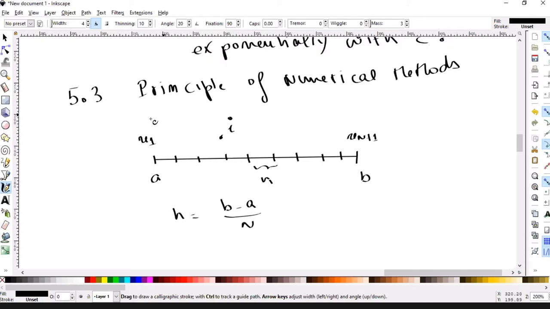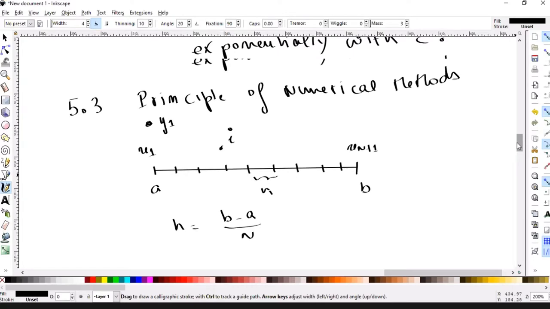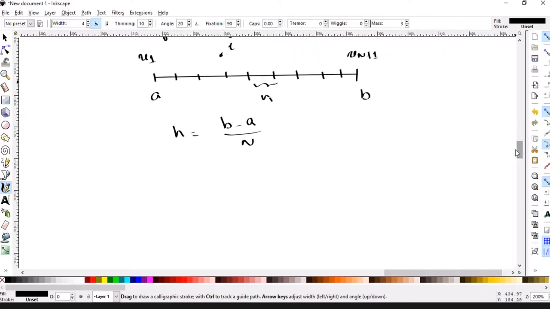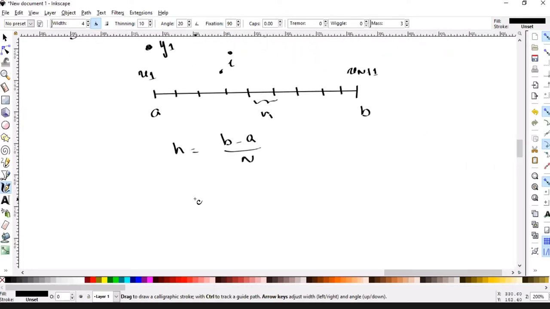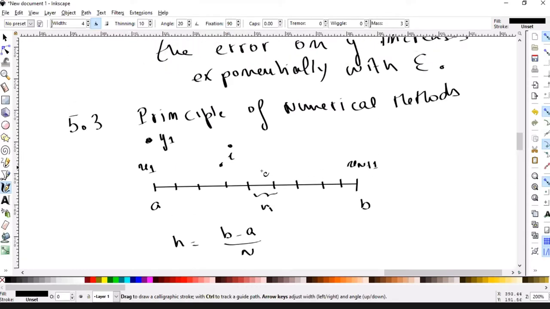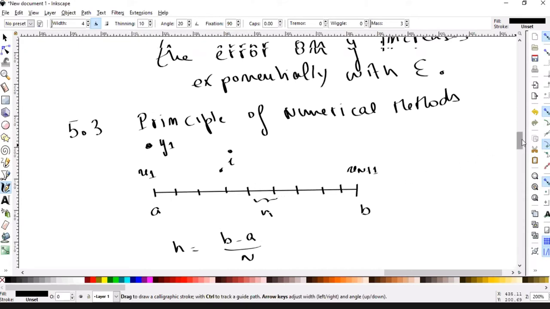And for the Cauchy problem, we have the initial solution y1, which is y of x1. So numerical methods consist of finding the values of the function at all the other points of this interval a, b.